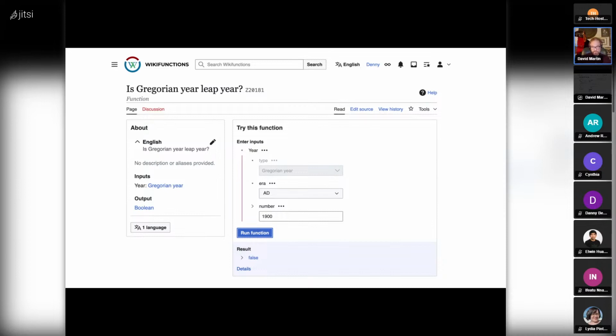So here we can also run arbitrary inputs to the function right here in the function page. In this case, for the year 1900 AD, we get back the correct result that in fact 1900 was not a leap year.